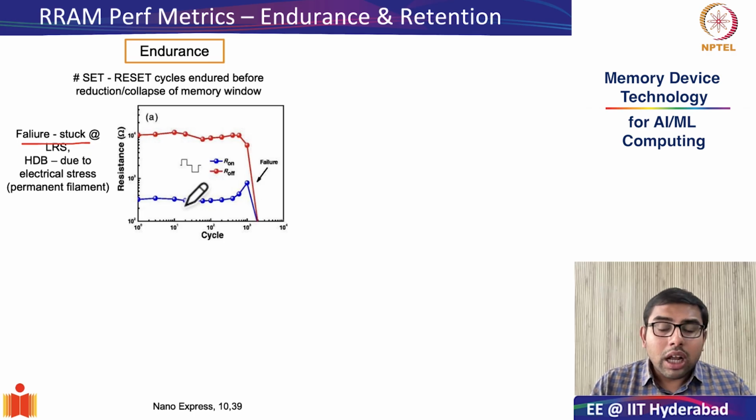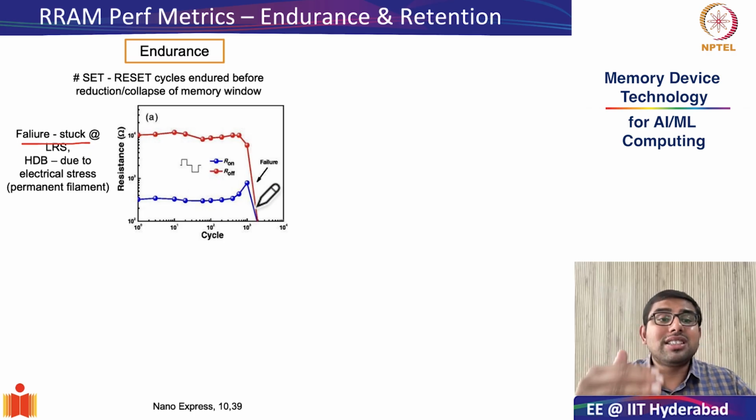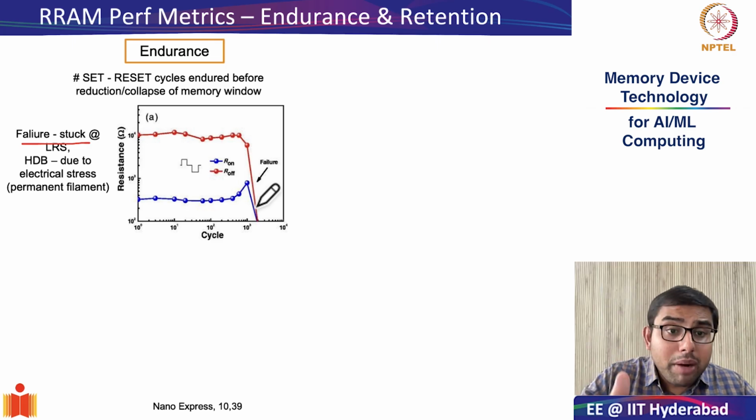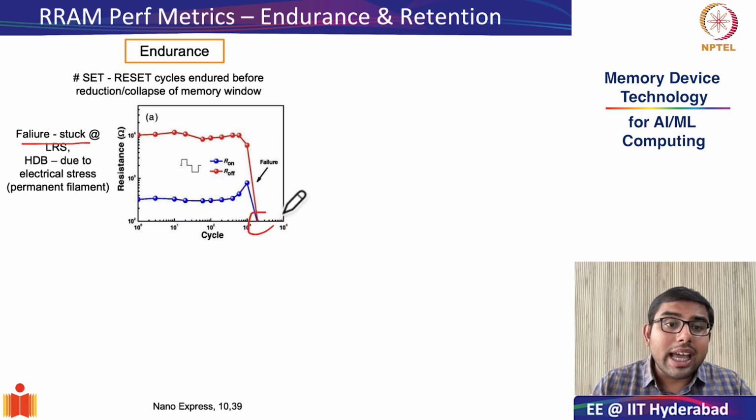In fact, the device goes to a state or a resistance value which is even much lower than the LRS state, as you can see in this particular graph. The LRS state is over here, but when the failure occurs, the device goes to a much smaller resistance state. Why does this happen? It's easy to understand.